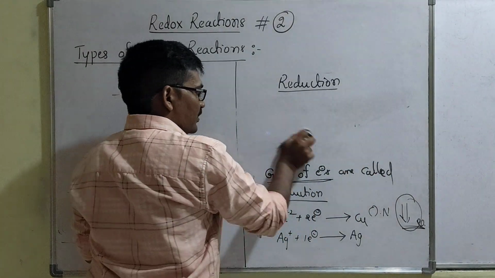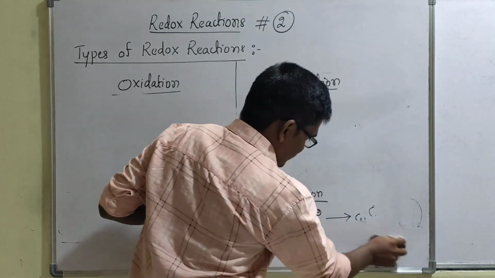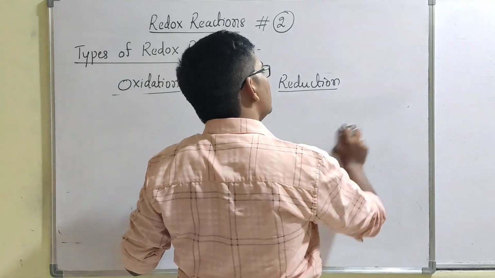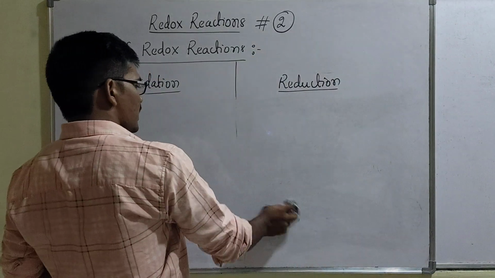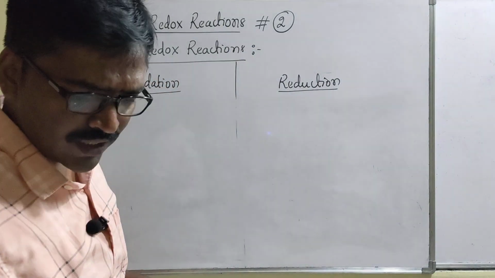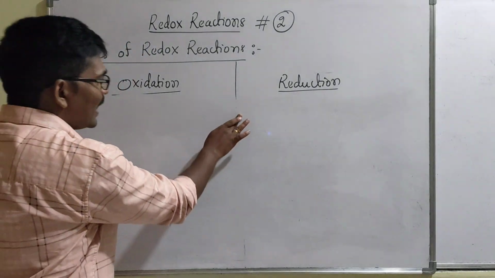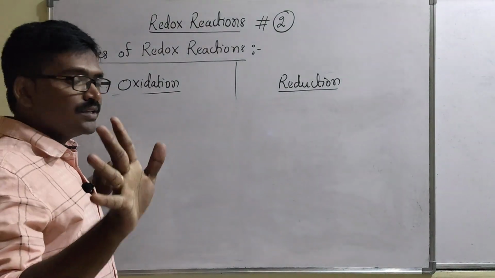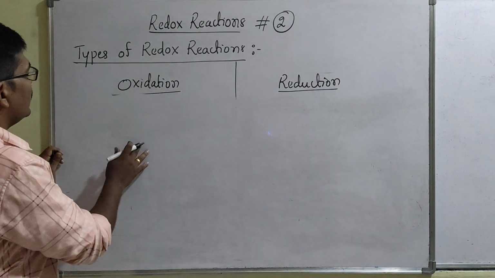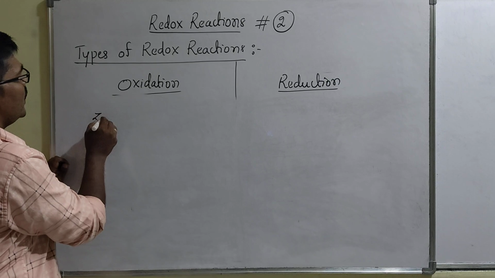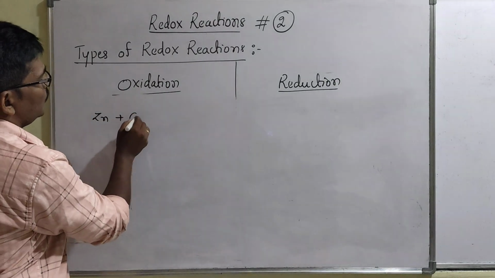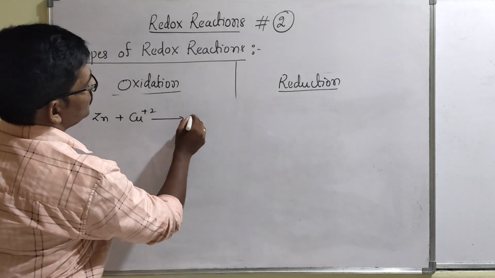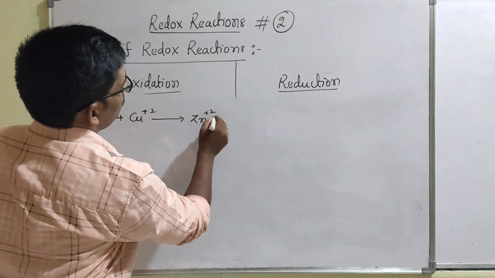Clear? Now one example, to see where oxidation is going and where reduction is going: Zn plus Cu2+ gives Zn2+ plus Cu.